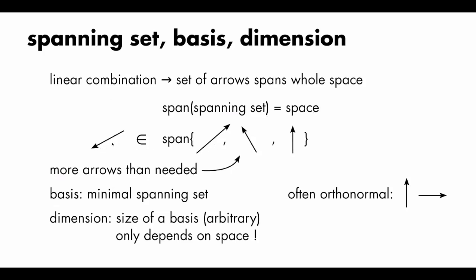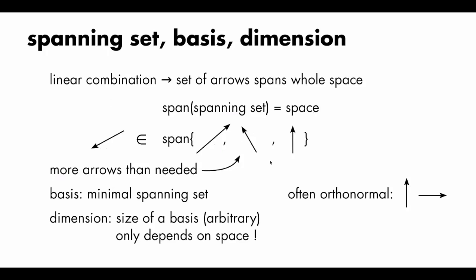For every arrow, we will find some linear combination of these three arrows that gives the arrow we want to express. But we also notice that we have more arrows than we needed in this set. We can express any of the three arrows as a linear combination of the other two. So we have in this set a bit more than needed.